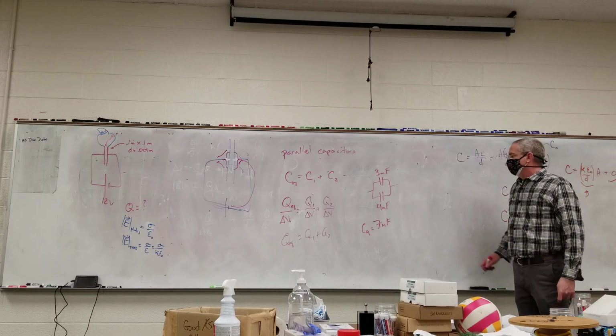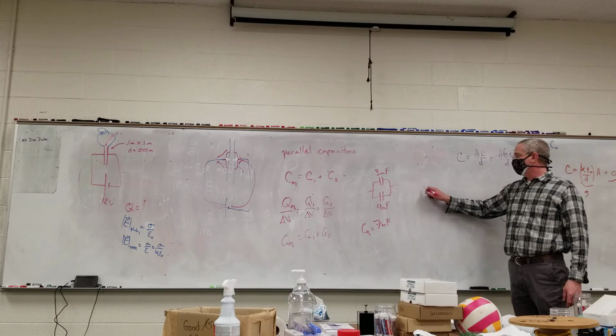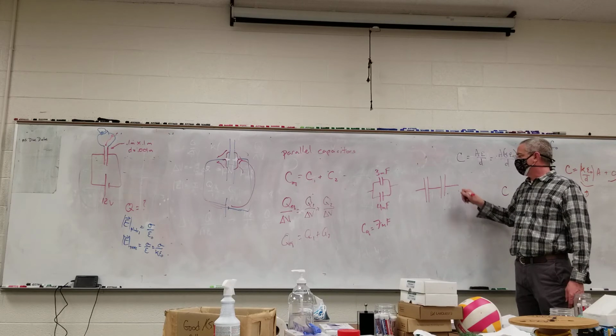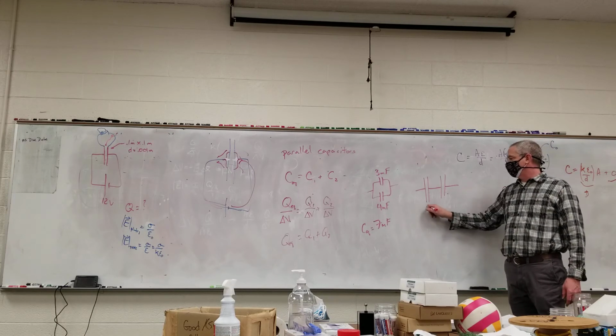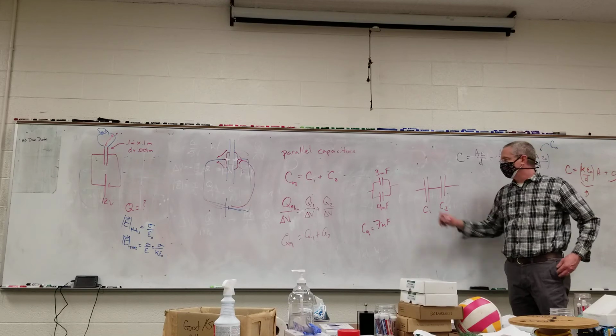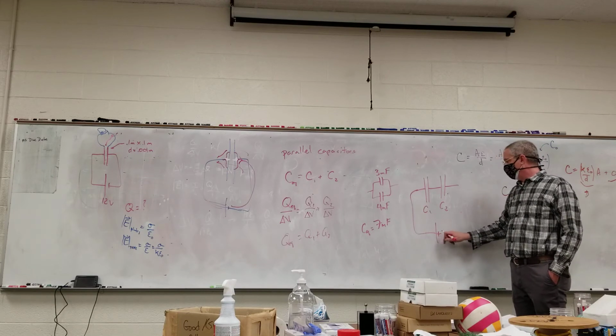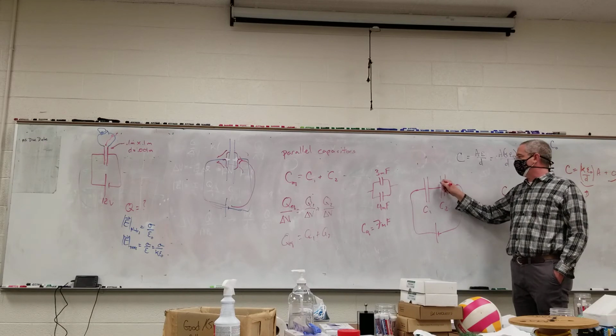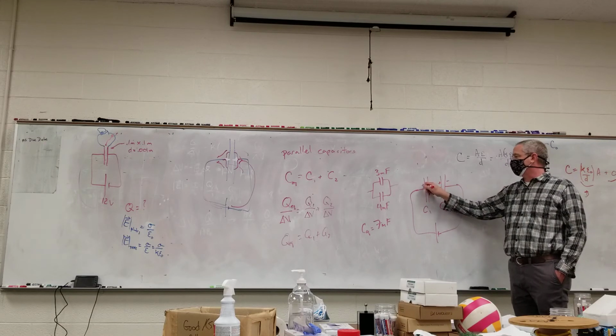Now, if I have what are called series capacitors. So capacitor 1, capacitor 2. If I hook it up to a battery, I get an electron popping on here, and then it chases one off of that plate, and puts one there, and chases one off that plate.